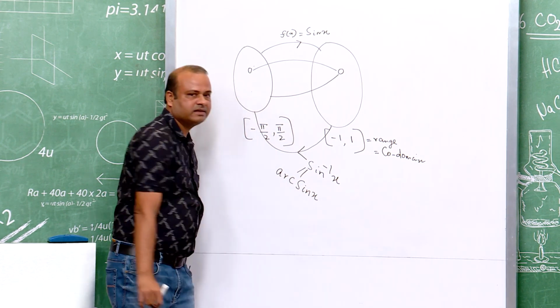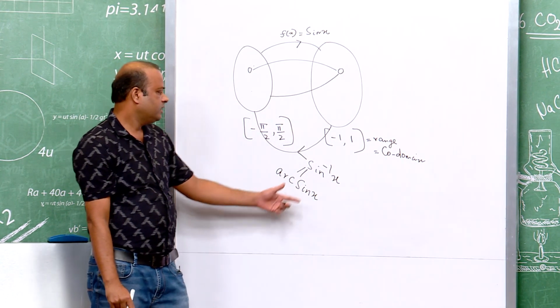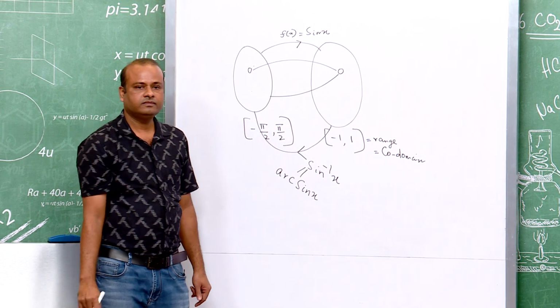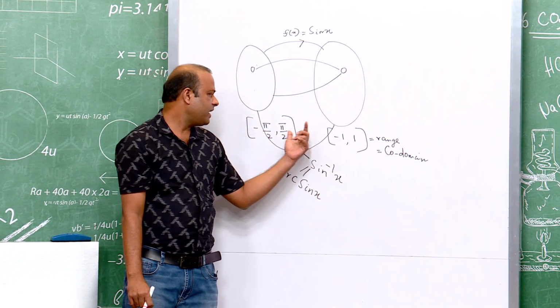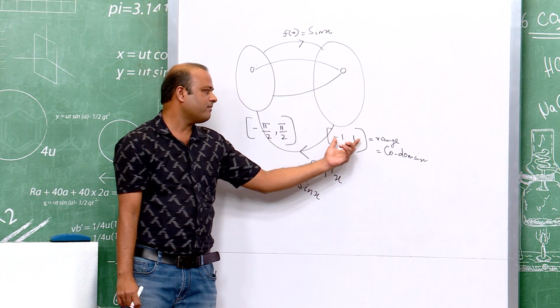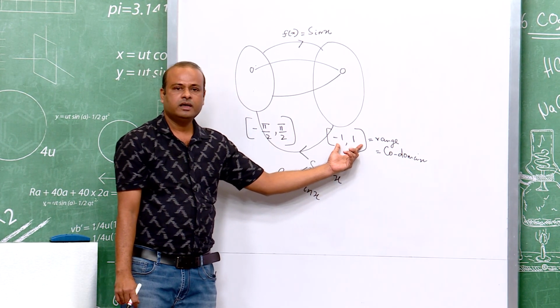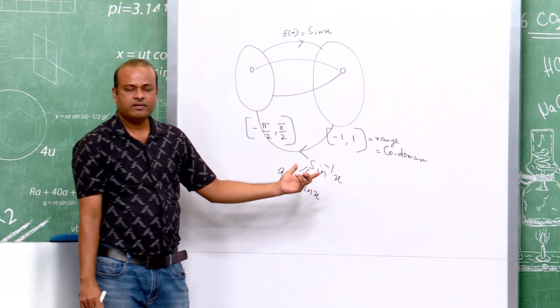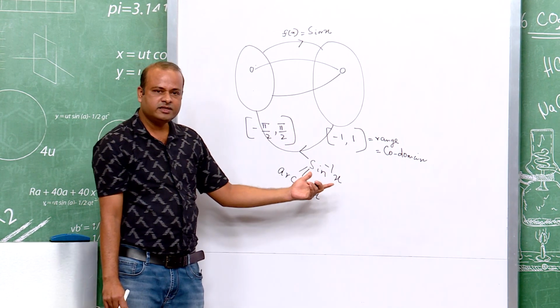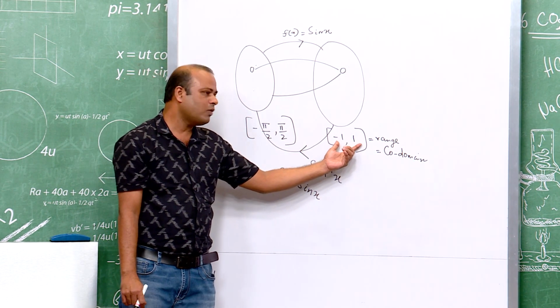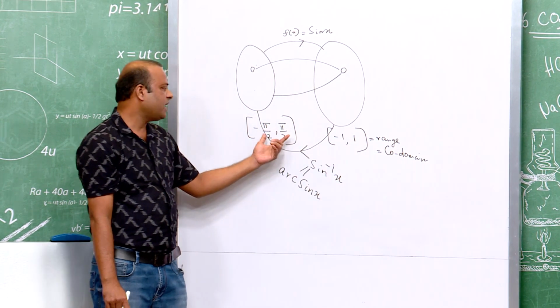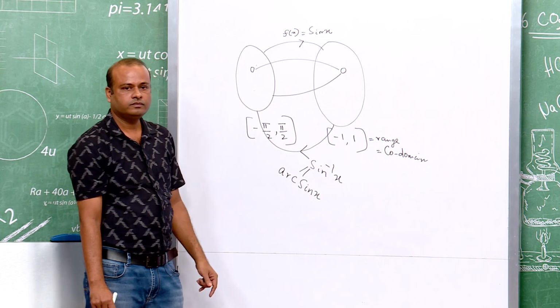Arc sin x is the same as sin inverse x. From the closed interval minus pi by 2 to pi by 2, and from minus 1 to 1, sin x is bijective and its inverse exists. The inverse is from minus 1 to 1 to minus pi by 2 to pi by 2.